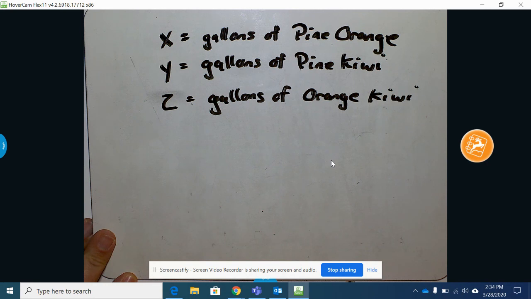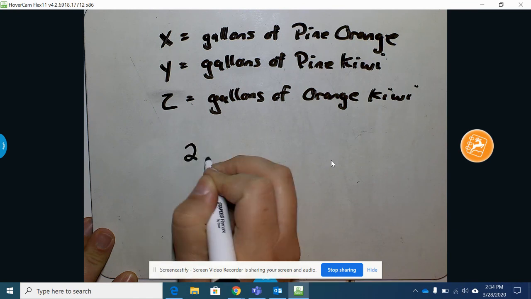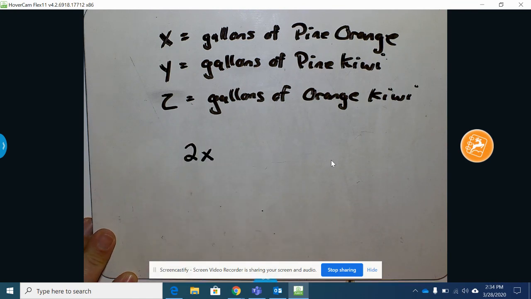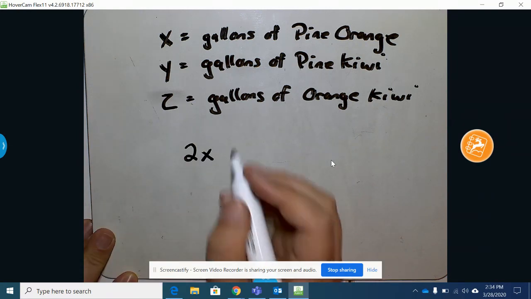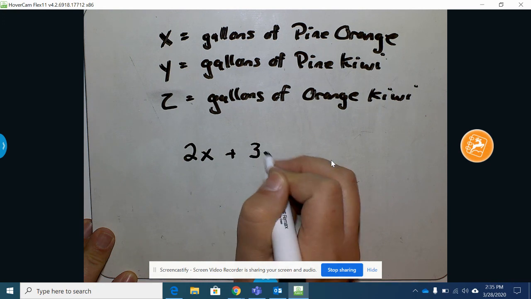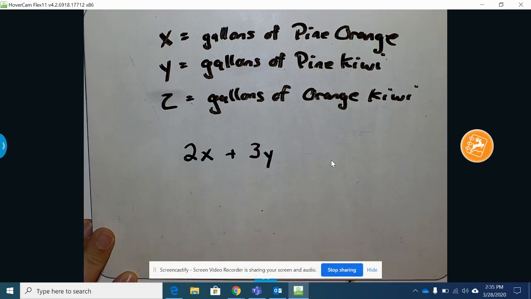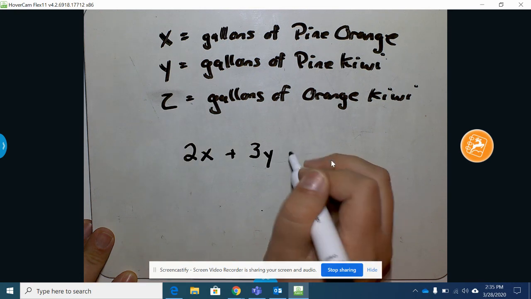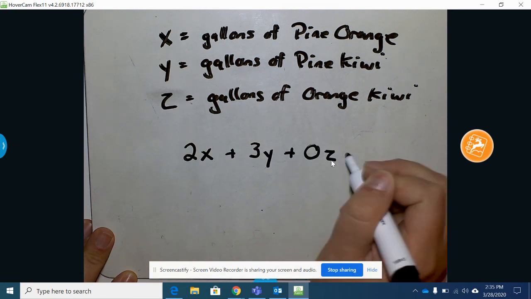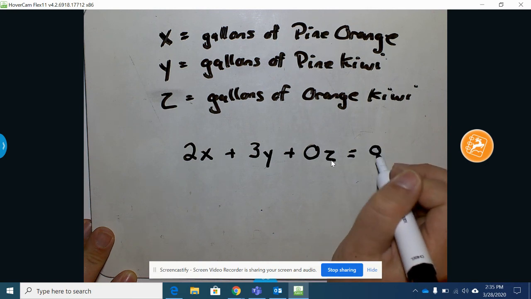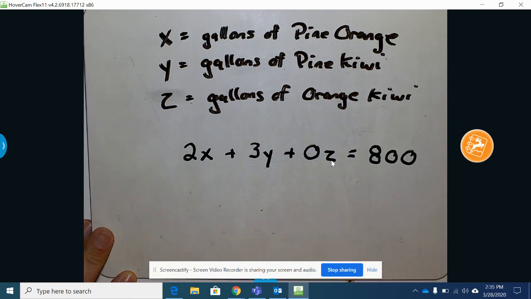How many quarts of pineapple juice are in pine orange? That would be 2 per gallon. Now, how many quarts are used in pine kiwi? We have 3 quarts. And how many quarts are used in orange kiwi? There are 0 quarts of pineapple juice used in orange kiwi, so we're going to represent that with 0Z. And that would be the 800 total quarts of pineapple juice that we have. So this first equation is just on pineapple juice.